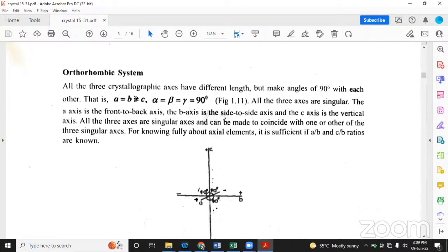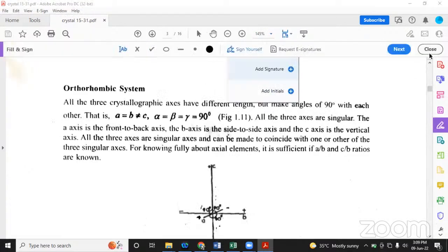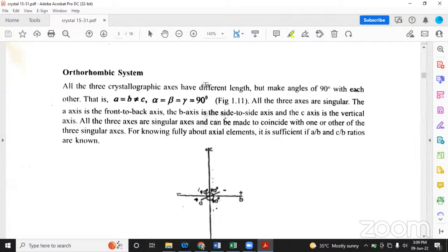There is a mistake here, just reminded: the orthorhombic system is also not equal. Sorry, this is the orthorhombic system.